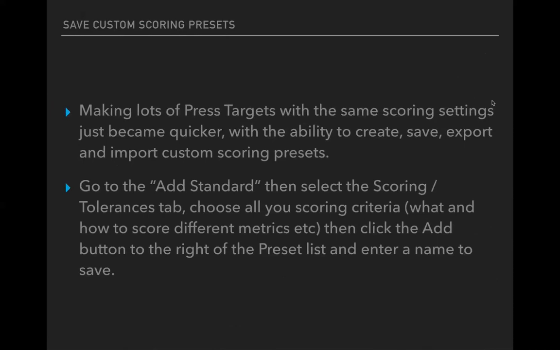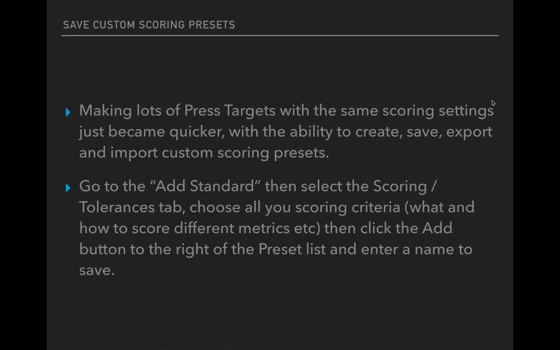Some of you will have noticed that we added presets for things like ISO 12647-2, the 2007 revision, -3, the 2013 revision, GRACOL, -7 for proof verification. But what you couldn't do is create your own. If you changed anything and then saved it and went back in, it would say custom, because you'd changed something. Now what you can do is create your own custom preset and give it a name.